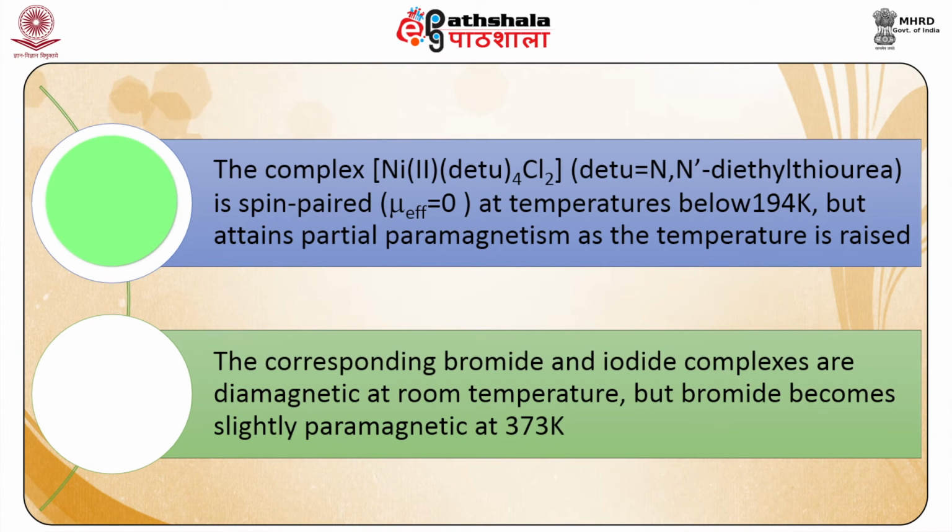The nickel 2 plus complex of N,N'-diethylthiourea is spin paired at a temperature of 194 Kelvin, but attains partial paramagnetism as the temperature is raised. The corresponding bromide and iodide are diamagnetic at room temperature, but the bromide becomes slightly paramagnetic at 373 Kelvin.